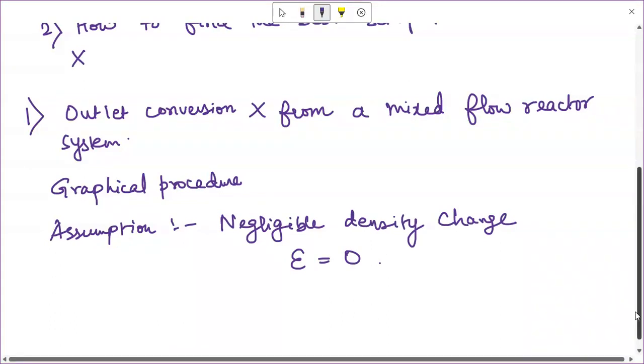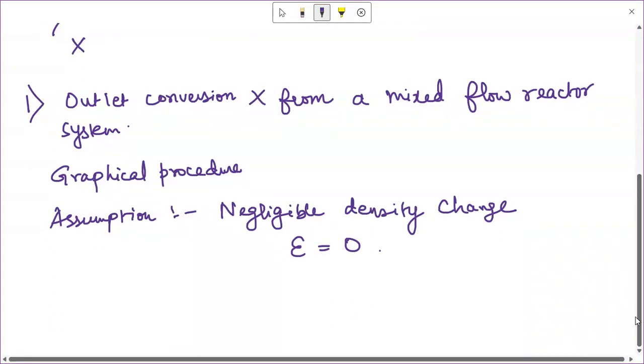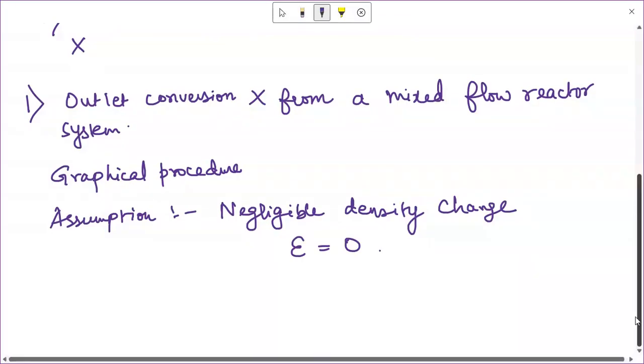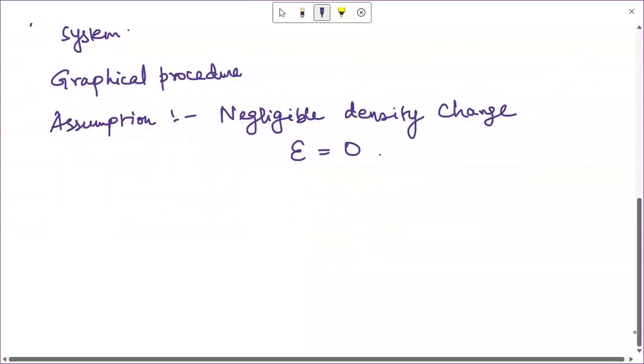Following the lines of this graphical procedure, you can also derive the same method for systems with density changes, but as of now we are going to discuss the simplest case, that is without any density change.